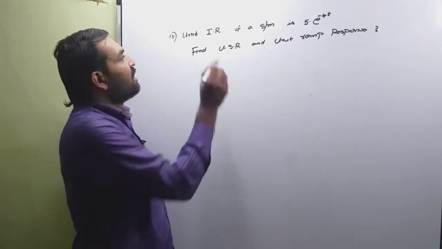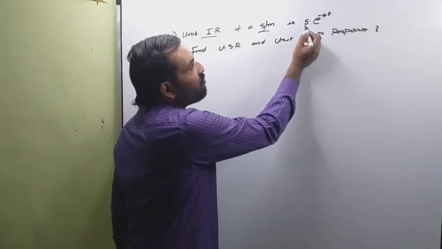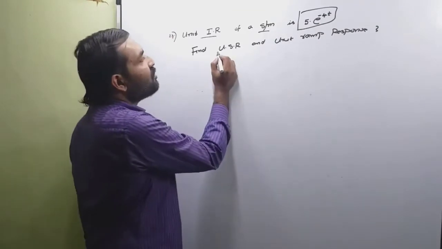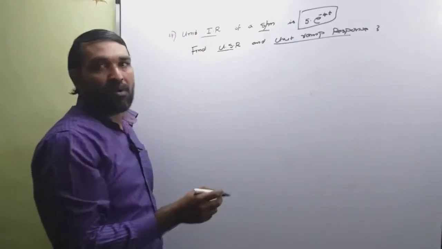Now our question is, the unit impulse response of a system is 5 e raised to minus 4t. Find the unit step response and unit ramp response.